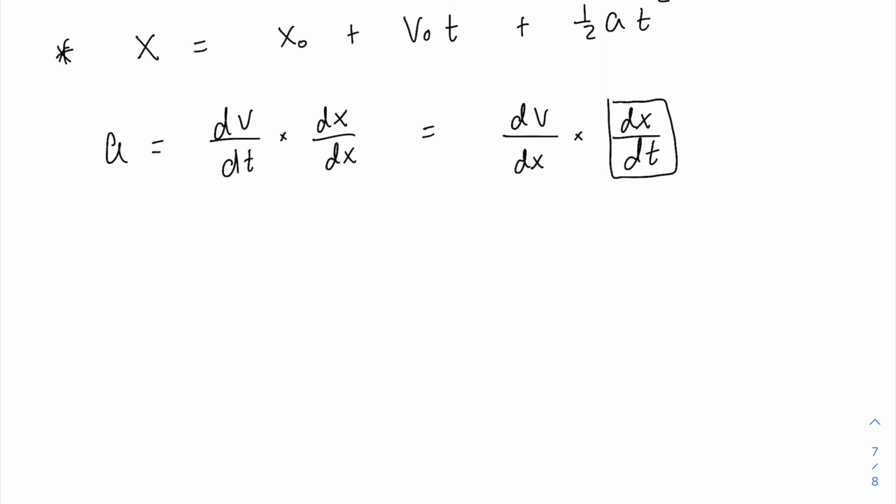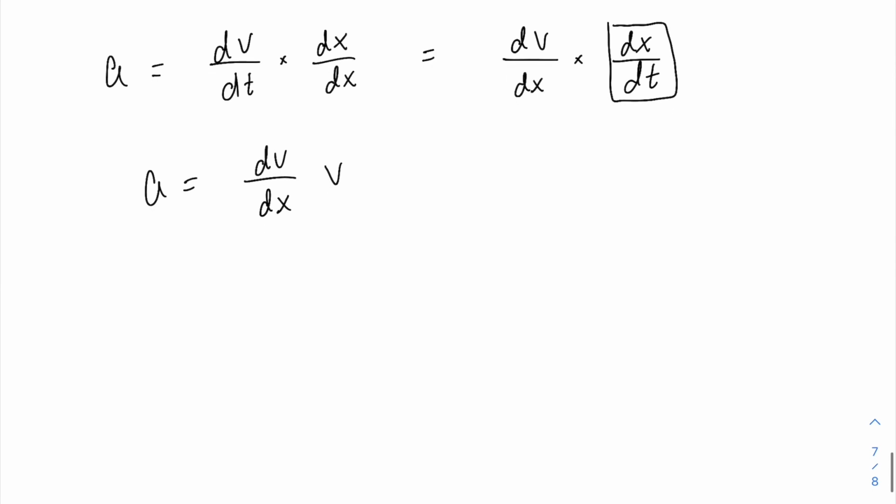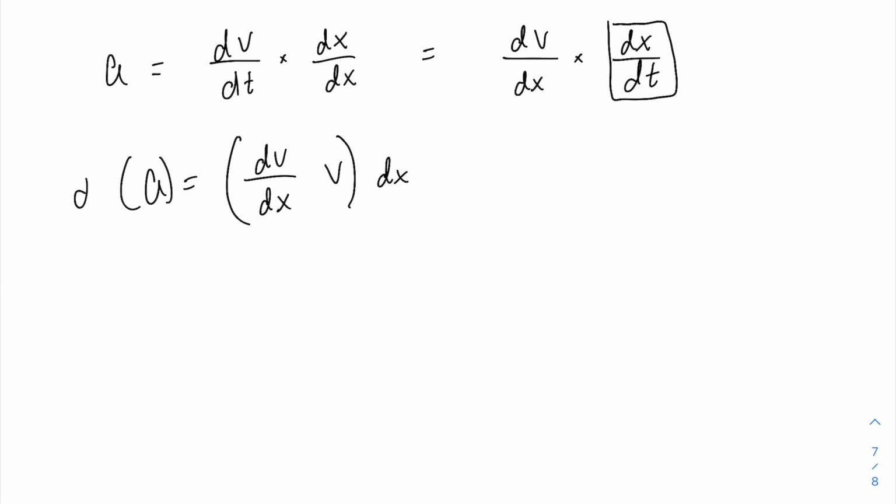Then dx over dt, that's just velocity. So now we can write everything as a equals dv over dx times velocity. Now we can multiply both sides by dx. And so now on the left side, we have a dx, and on the right side, we're going to have v dv.